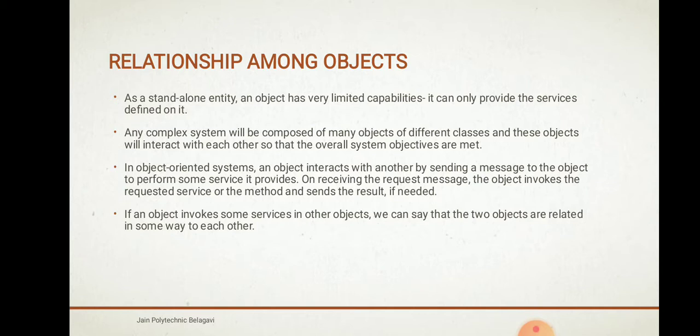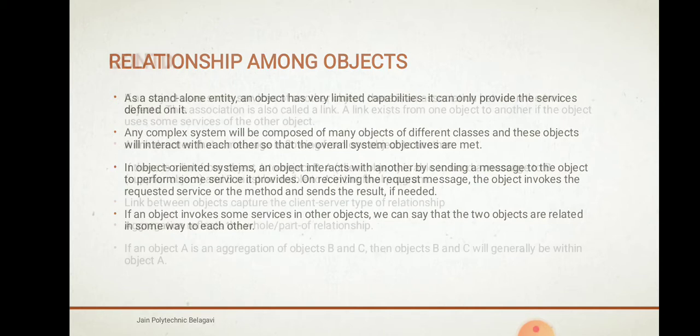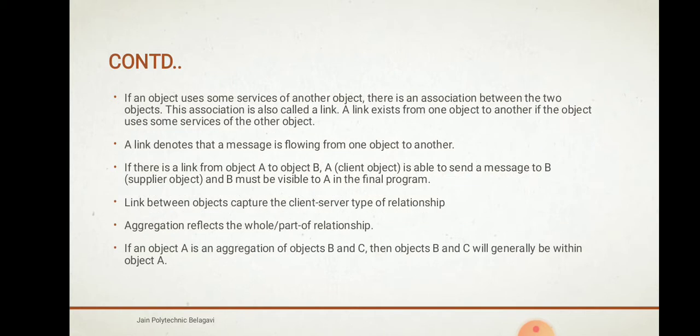So if an object invokes some services, we can say that the two objects are related in some way. If an object uses some services of another object, there is an association between the two objects, so there is a link between them. This association is called a link. A link will exist from one object to another if the object uses some services of the other object.